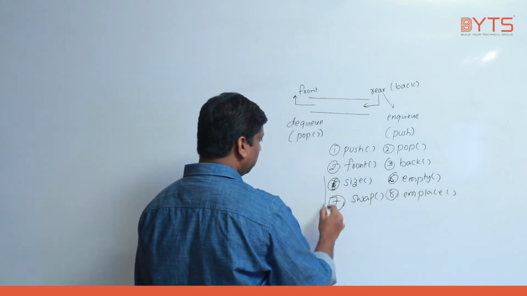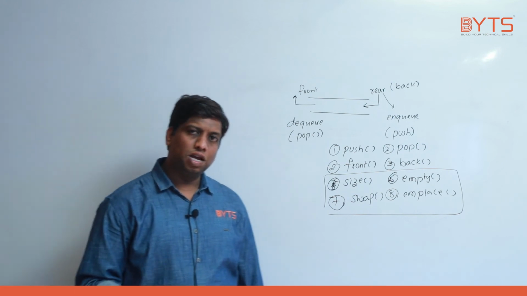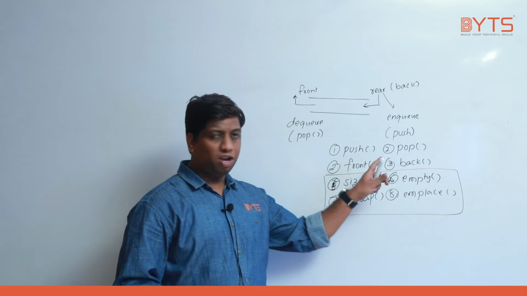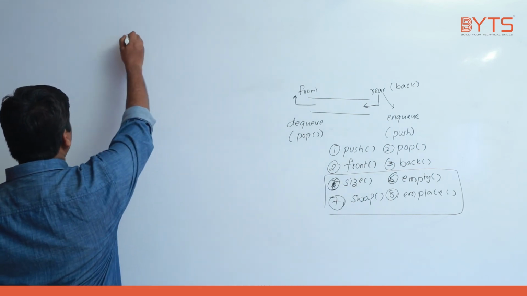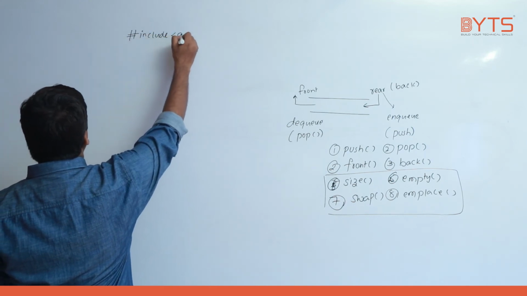So these functions I am not going to discuss, because they are the same as stack. Now I am going to discuss push, pop, front, back. Okay, fine. The first step, always, you should write hash include queue.